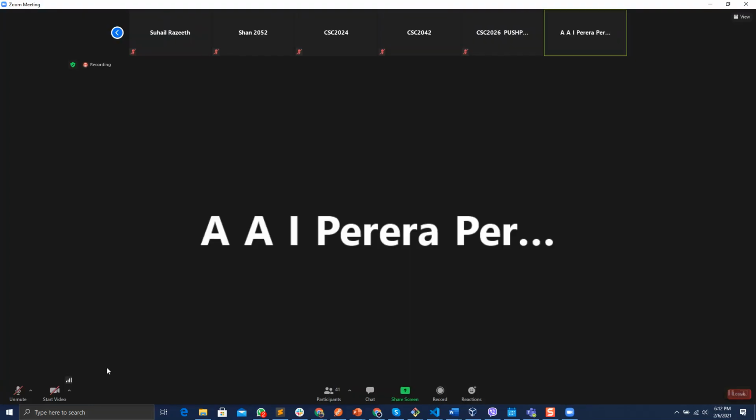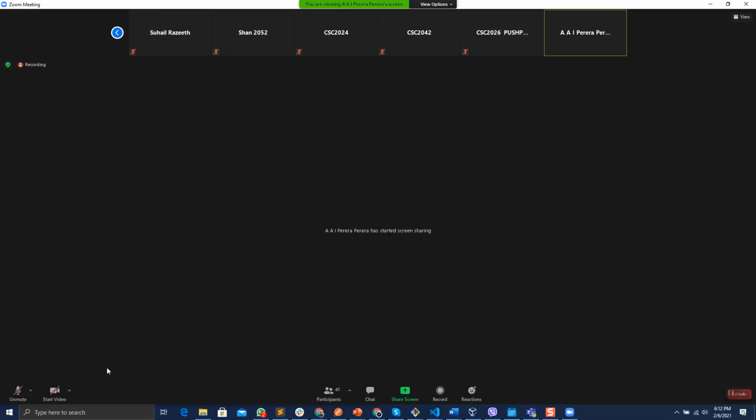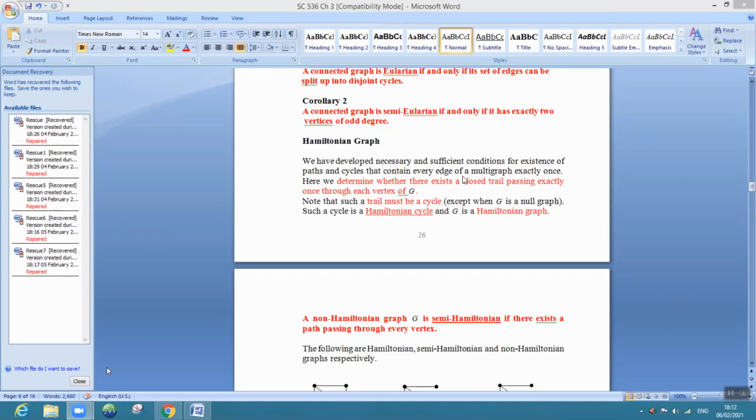Now we go to the notes. We have developed necessary and sufficient conditions for the existence of paths and cycles that contain every edge of a multigraph exactly once. Here we determine whether there exists a closed trail passing exactly once through each vertex of G. Note that such a trail must be a cycle.